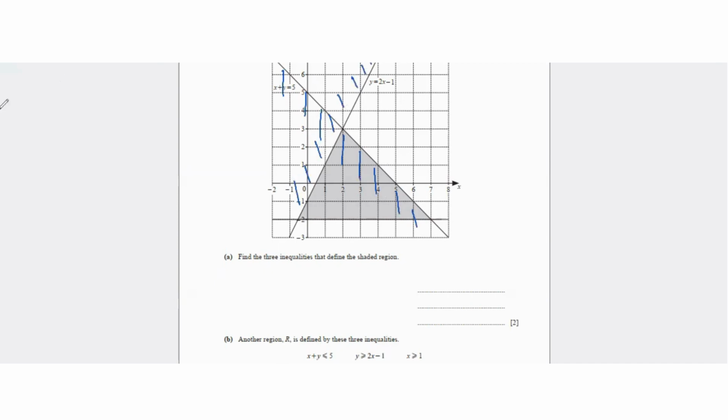Then x is greater than or equal to 1. Let's draw a line over here. Greater than or equal to 1 is over here. So this is the region that we're focusing on.